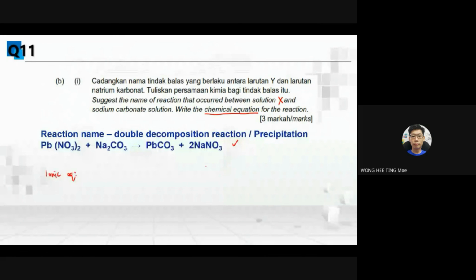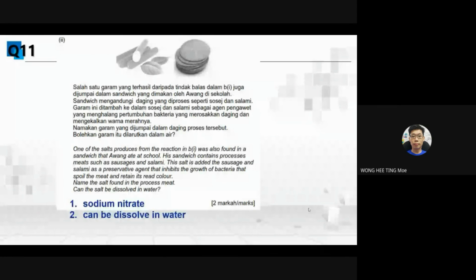So what is the salt? Sodium nitrate. Can the salt dissolve in water? Yes, it is dissolved in water. Sodium nitrate.